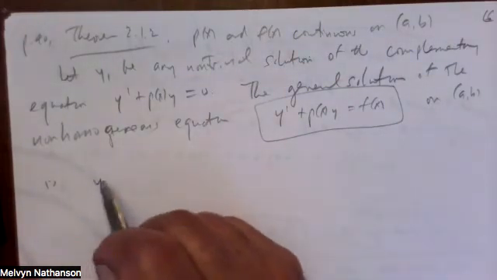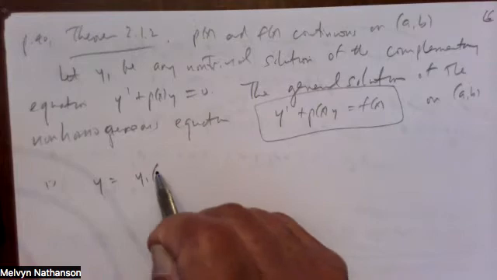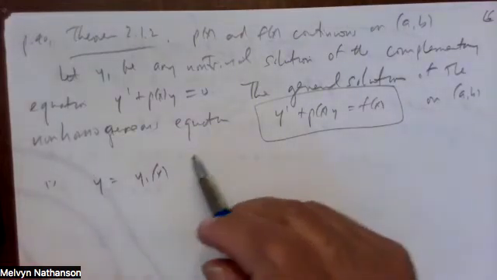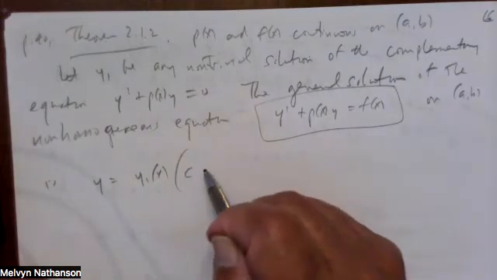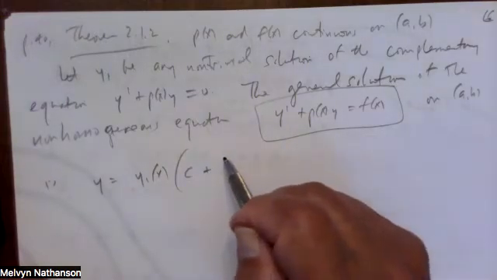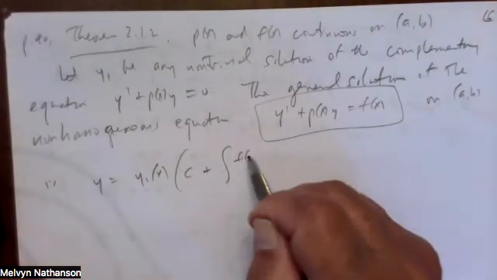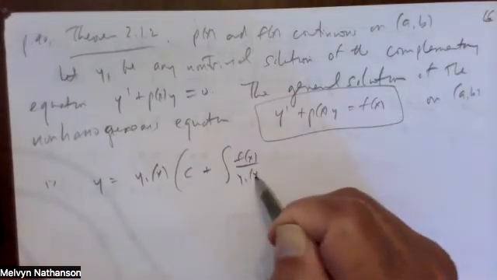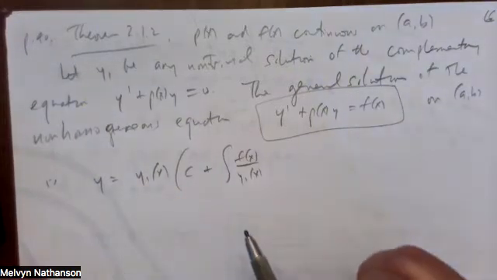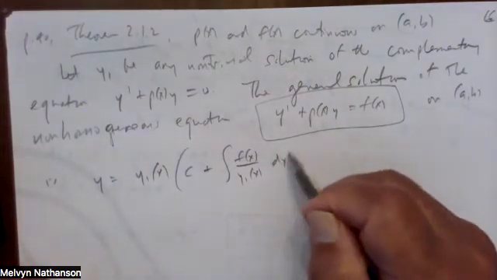It's y is equal to this particular solution of the complementary equation times an arbitrary constant c plus the antiderivative of, or the integral of f of x over y1 of x dx.